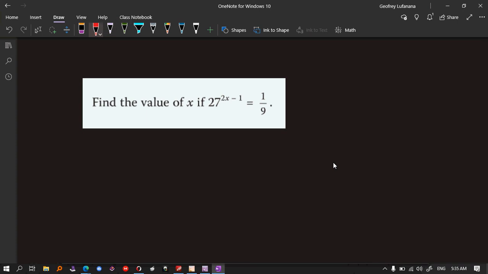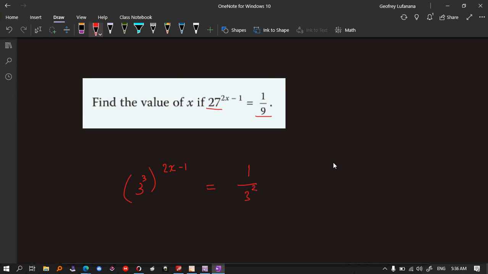You should be able to write 27 and 1 over 9 to the same base. I already know that they are to the base 3. So 27 is 3 to the power 3, to the power 2x minus 1, equals 1 over 3 squared.